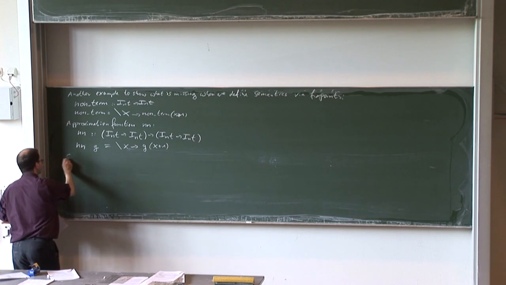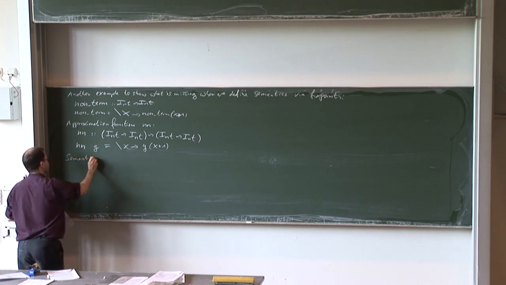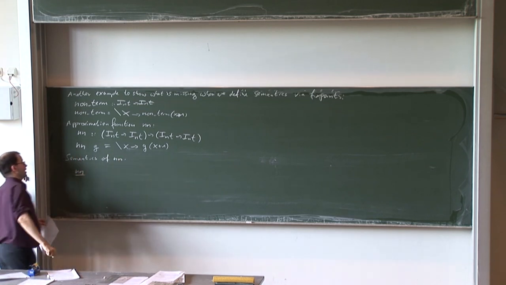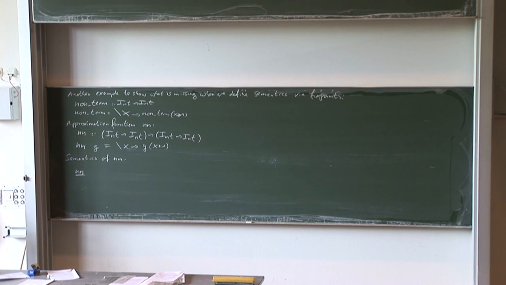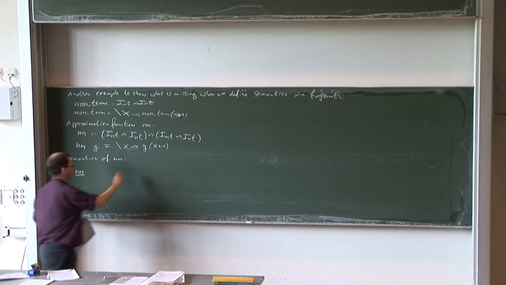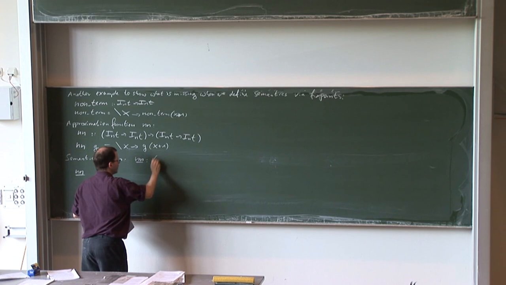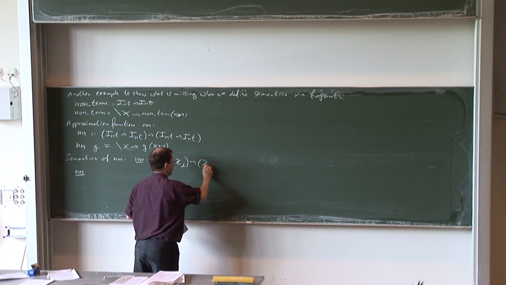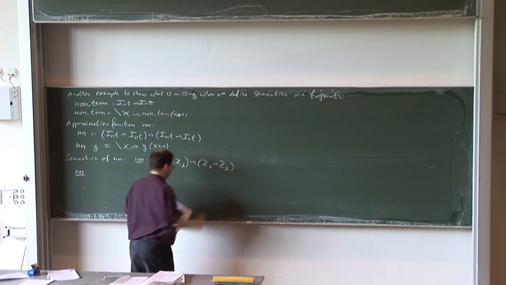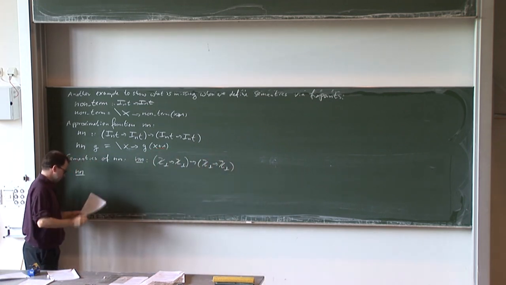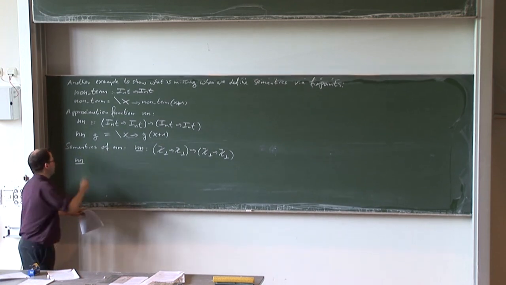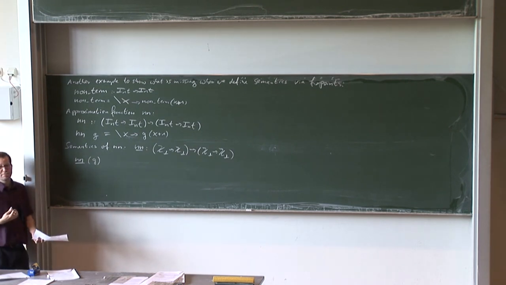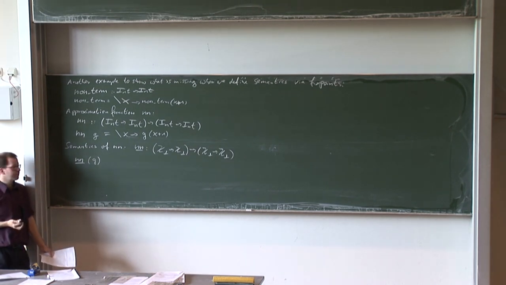Okay, so what is the semantics of nn? It is a function, let's call it nn underlined, which takes a function from z bottom to z bottom and returns a function from z bottom to z bottom. So if I apply nn underlined to some function g, I get another function from z bottom to z bottom.